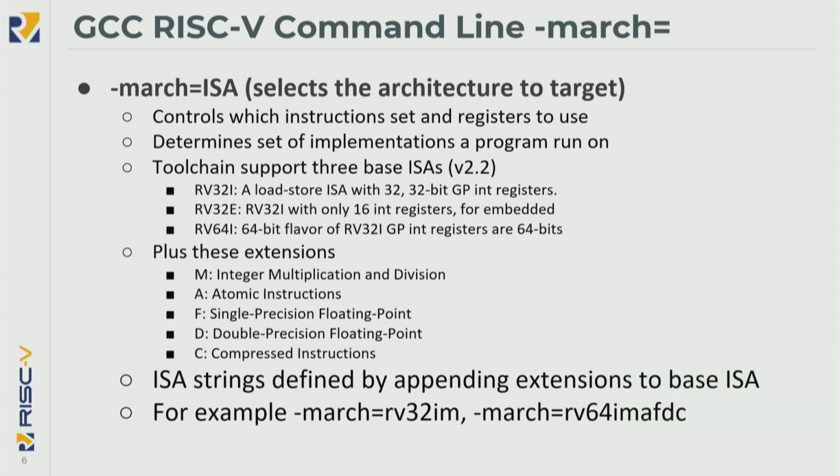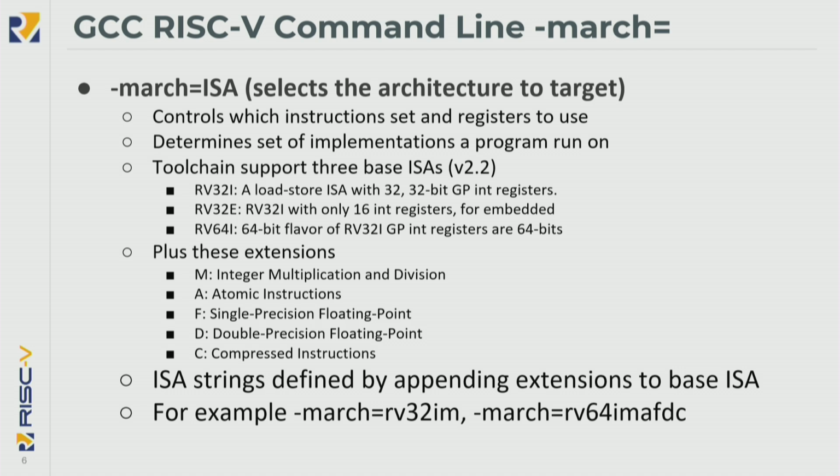The first is -march, which allows you to specify what ISA, that is, what architecture to target. It allows a way to control which instruction set and registers to use, and determines the set of implementations a program can run on.